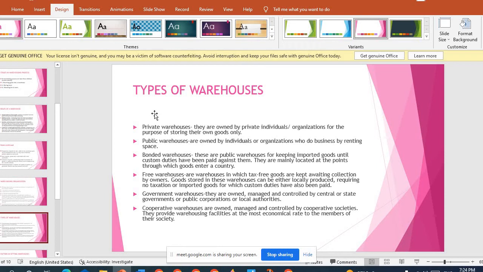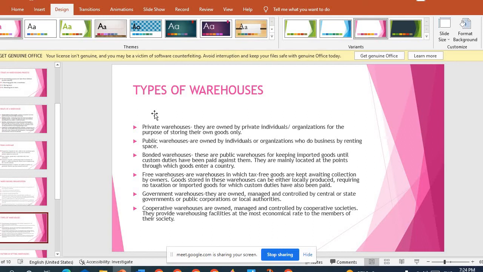Then we have public warehouse. They are owned by individuals or organizations who do business by renting out space. We have bonded warehouse. These are public warehouse where they keep all imported goods until custom duties have been paid against them. Their location is mainly at the point through which goods enter a country.